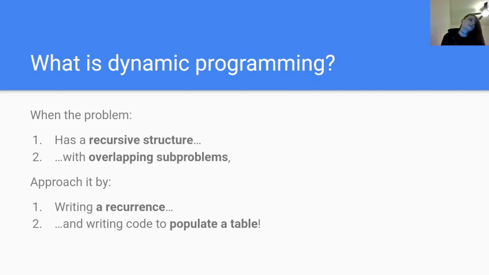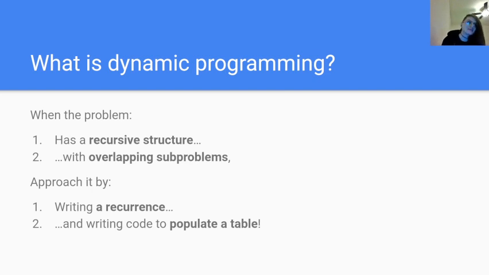There's also dynamic typing where the same variable can hold values of different types over the lifetime of the program, versus static typing where a variable only holds values of a single type. There's all sorts of uses of the word dynamic in computer science and software engineering. This is one of them.